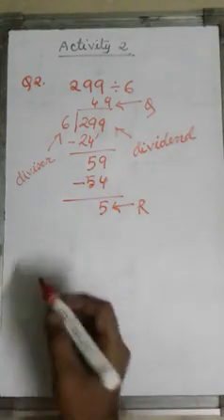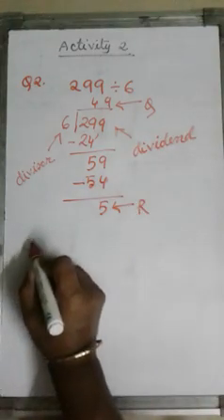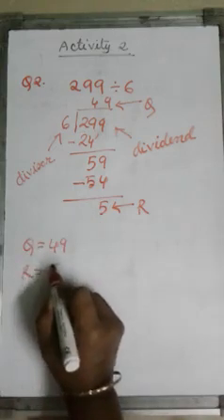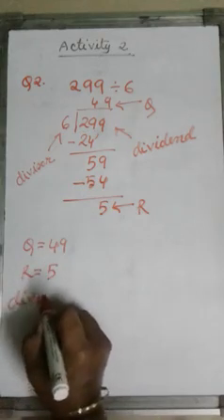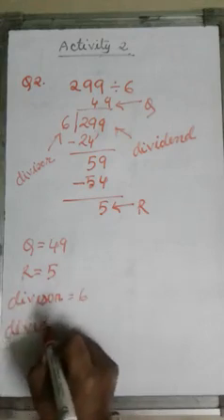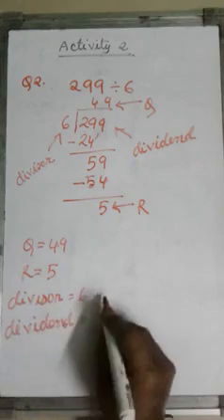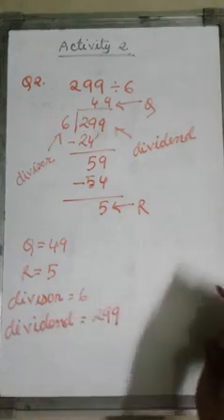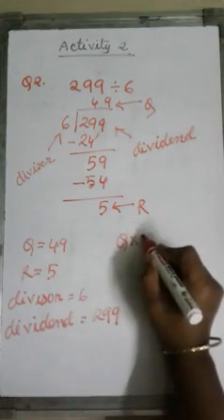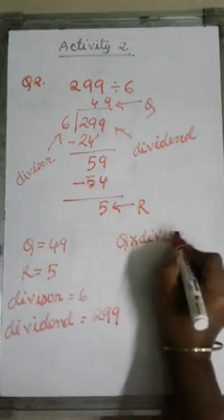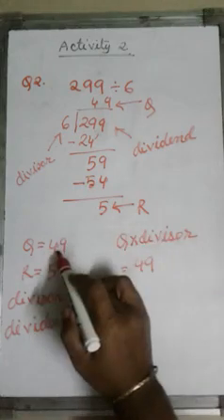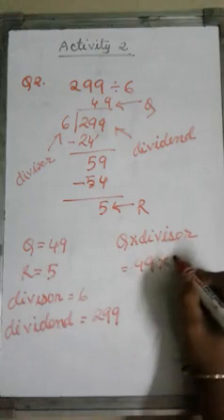Now what we have to prove? You can write Q equal to 49, R equal to 5, divisor equal to 6, dividend equal to 299. What we have to do? Q into divisor. Q is 49, divisor is 6.